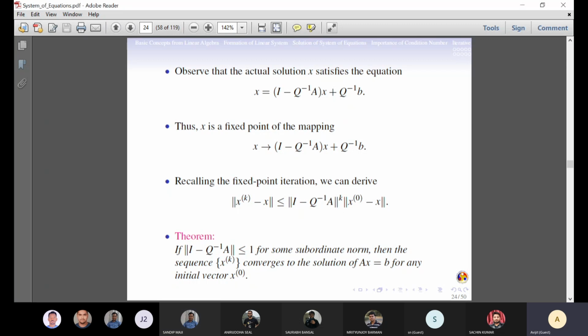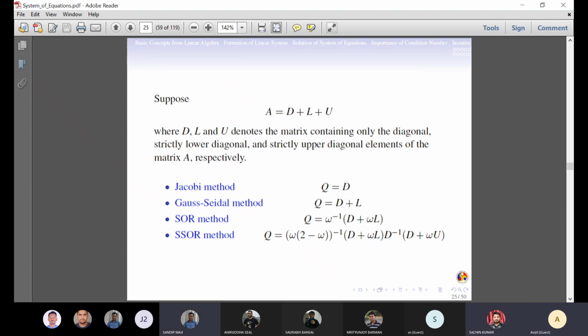There are several choices for Q, but you have to find a suitable choice. Like for the Jacobi method, we choose the diagonal. There are various choices, and depending on the choice, you will get convergence in different ways. So it has some kind of limitations, right? Yeah, definitely. Okay. Thank you.